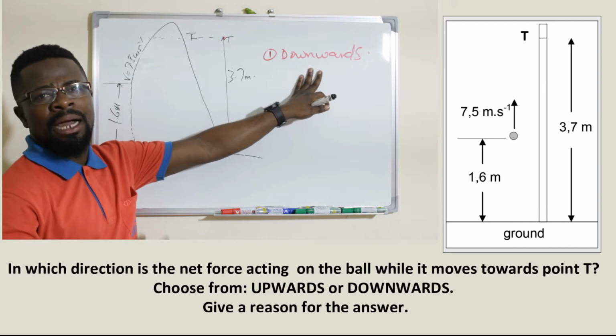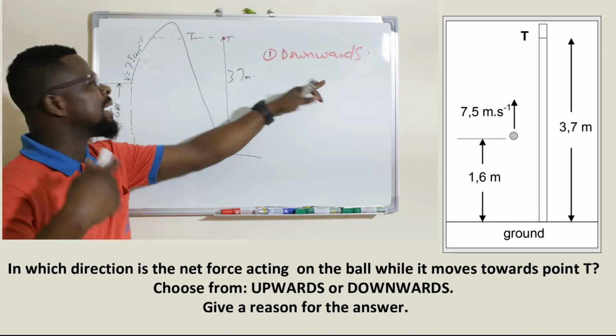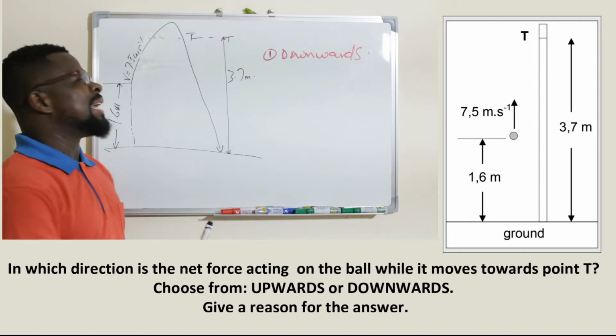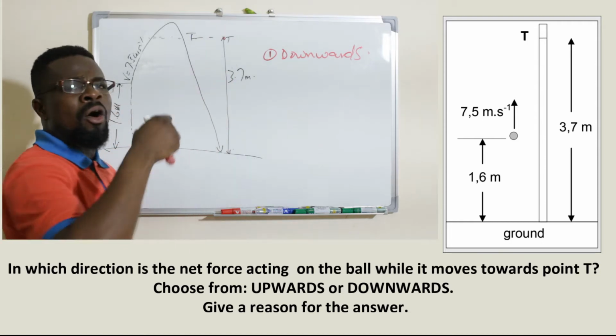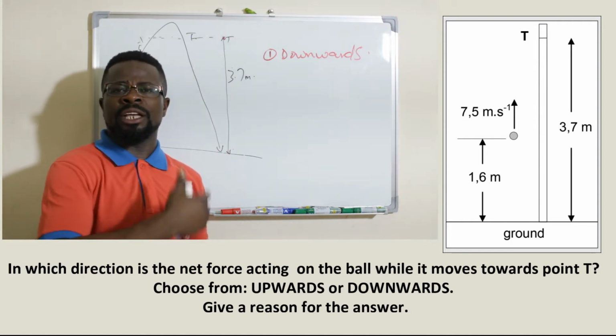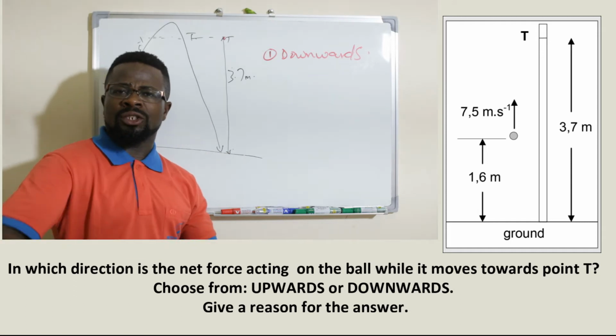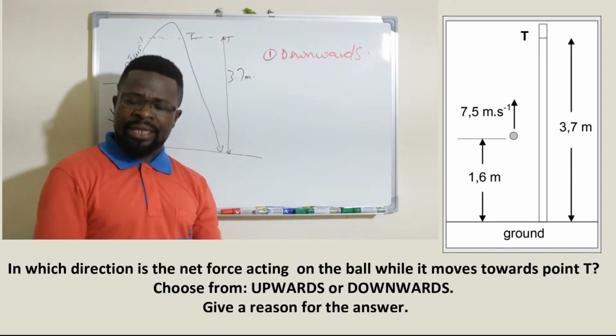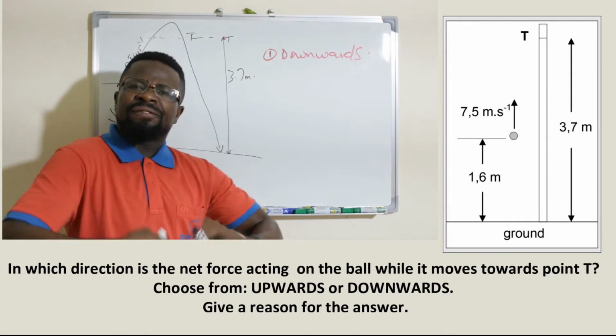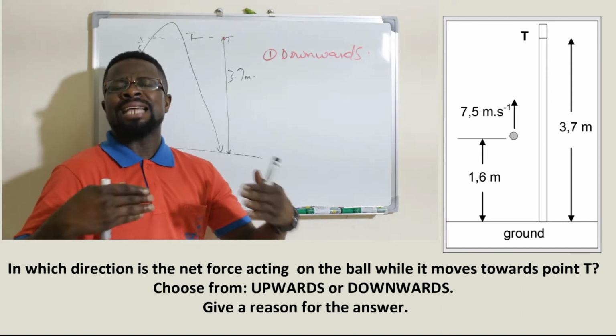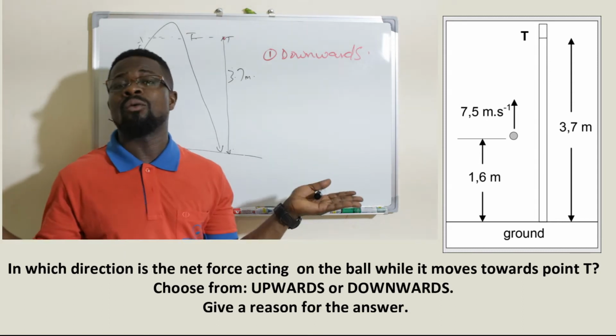Why is it going to be downwards? The reason is because this is a projectile and the only force acting on this particular object is the force of gravity, or the weight. And this force of gravity is always acting downwards.